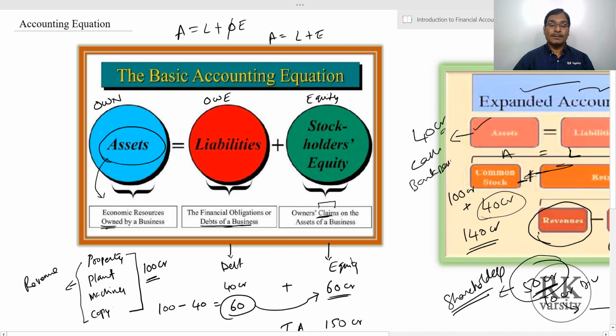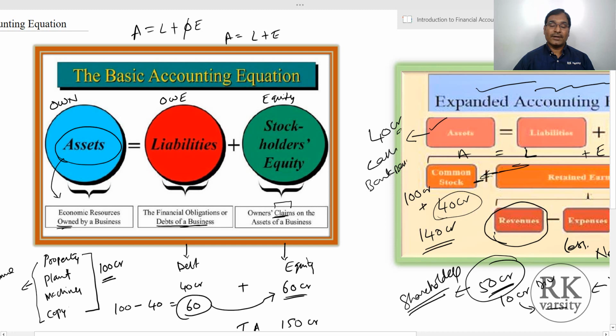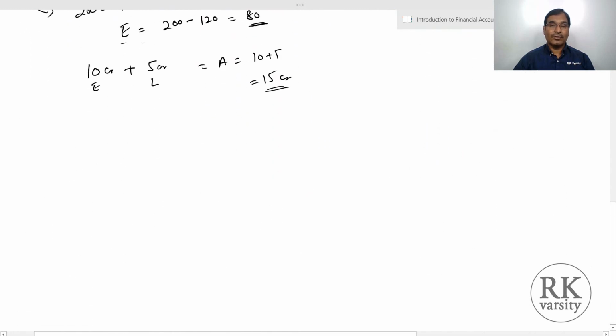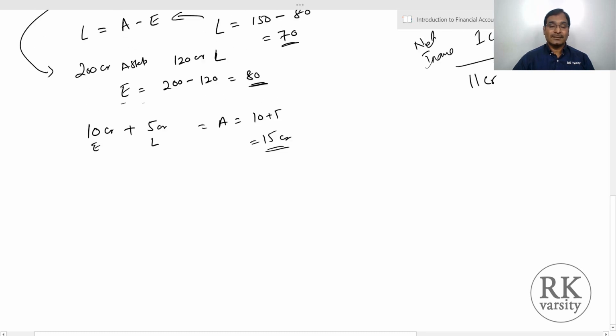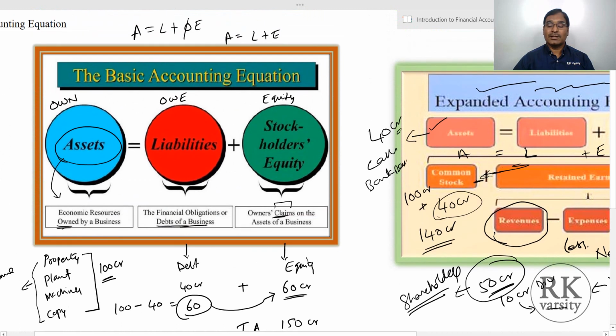That is why we say that your financial accounts or balance sheets have to tally, because every rupee that you received should have an account: where you are getting the money from, where you are spending, and how much balance is there. This concept is clearly understood with the help of the basic and expanded accounting equations.